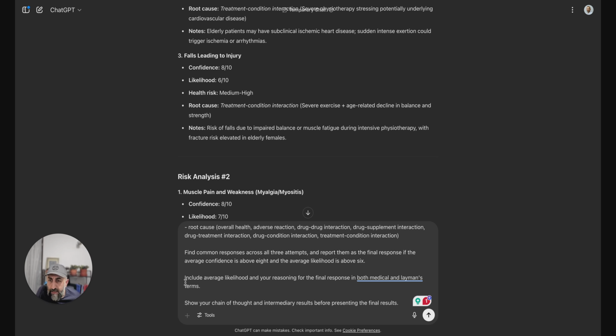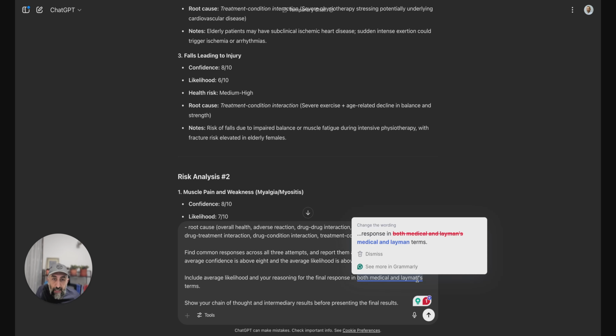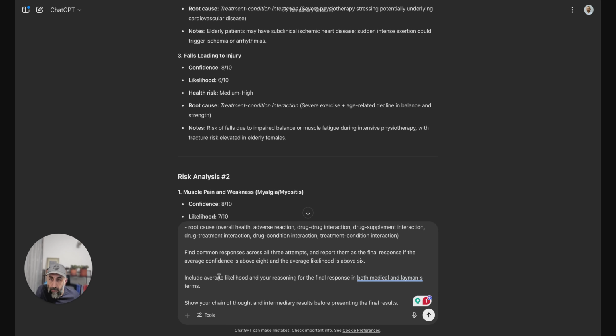And at the end, I ask to include the average likelihood and your reasoning for the final response in both medical and layman's terms. So not only do I ask the model to provide confidence, likelihood of occurrence, and the level of risk, I also ask the model to get back to me with the reasoning.